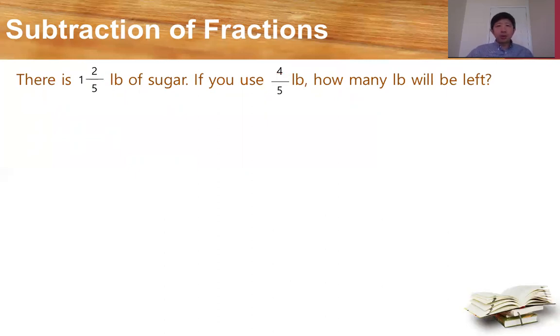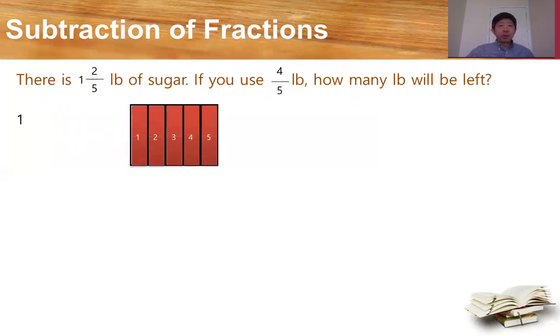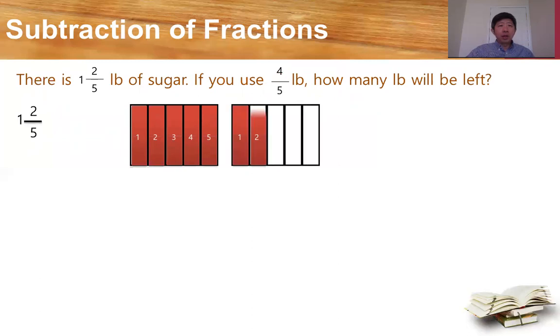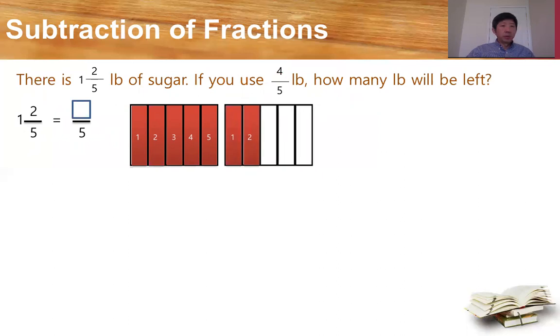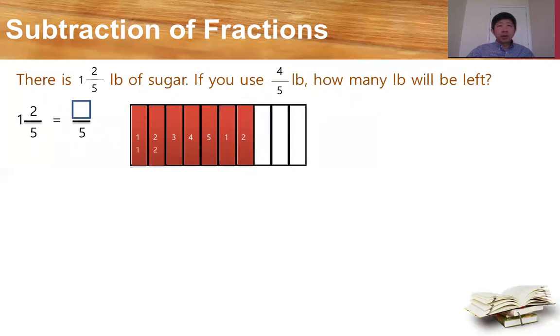So let me show you. This is 1 2/5. Make sense to you? How about the next one? All right, so I want to change this into what? Improper fraction, which is 7/5, right?